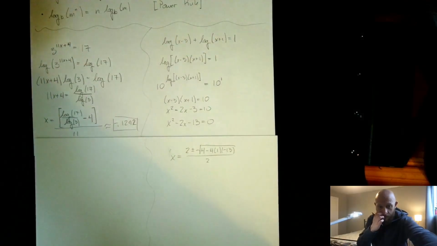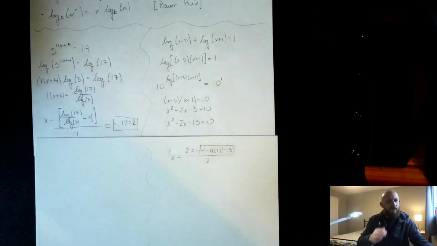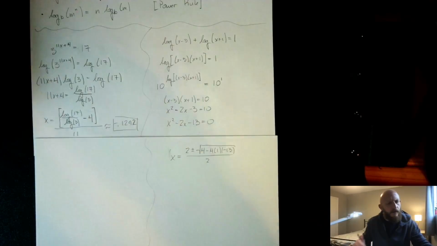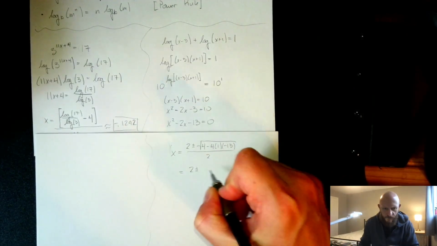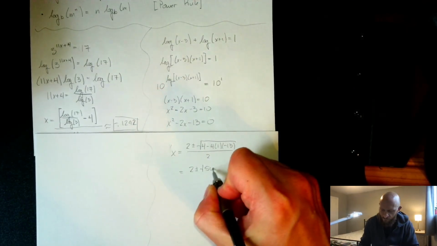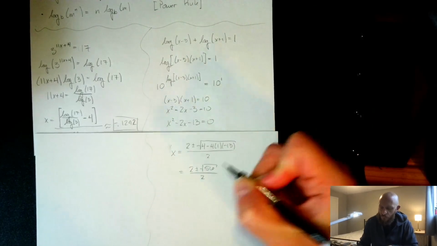Rather than taking up much time on the video, I have my notes here. So this should end up being 2 plus or minus the square root of 56 over 2.